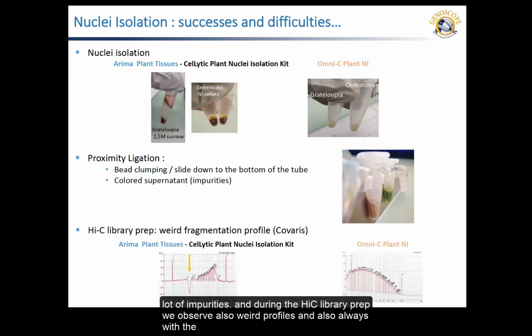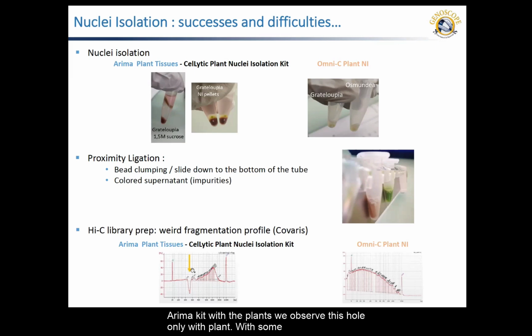And during the HiC library prep, we observe also weird profiles, and also always with the ARIMA kit with plants, we observe this hole. Only with plants, with some invertebrates, we observe a hole, but not this artifact.